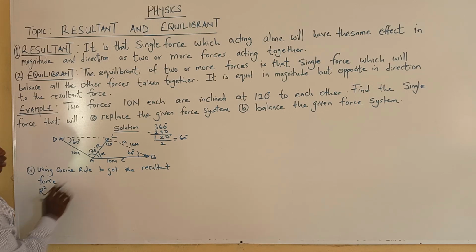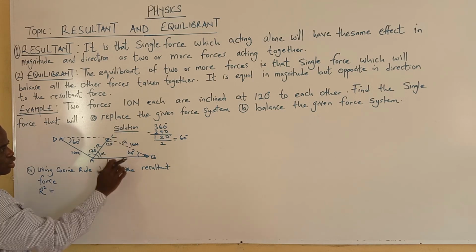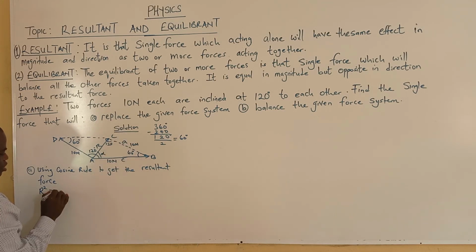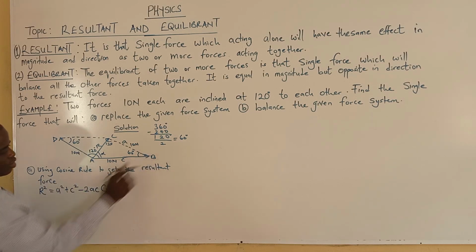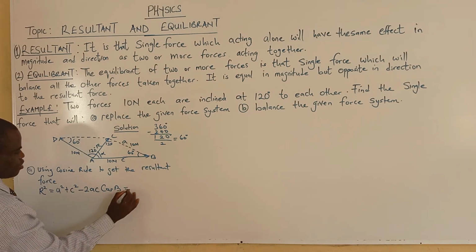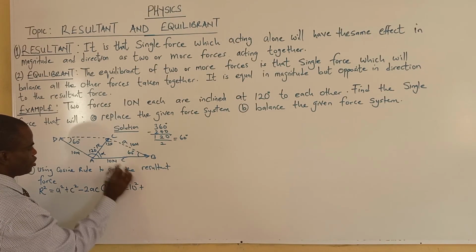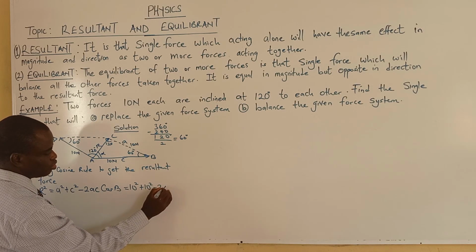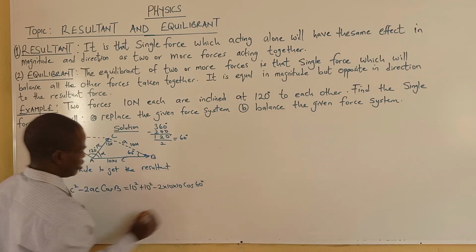R squared equals the two other sides squared, a squared plus c squared, minus 2, the 2 is constant, times a times c times cos of the angle directly opposite to R, cos B. Let's substitute: 10 squared plus 10 squared minus 2 times 10 times 10 cos 60 degrees.